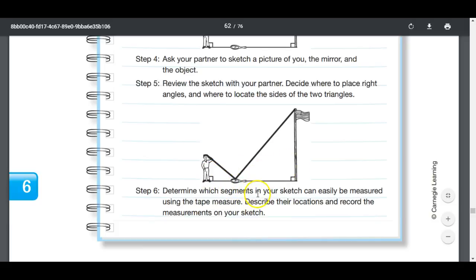Then if these triangles are similar, the sides must be proportional. You can measure something like the distance from you to the mirror, the distance from the mirror to the base of the flagpole, and your height. You can use that to calculate the height of this flagpole here.